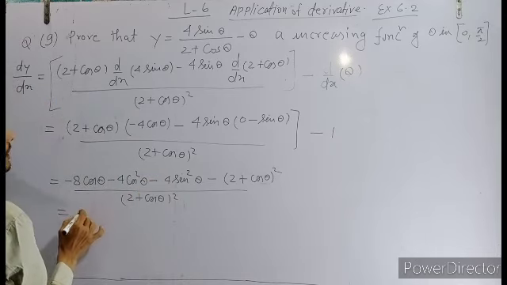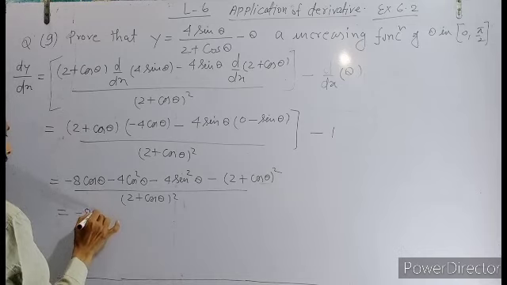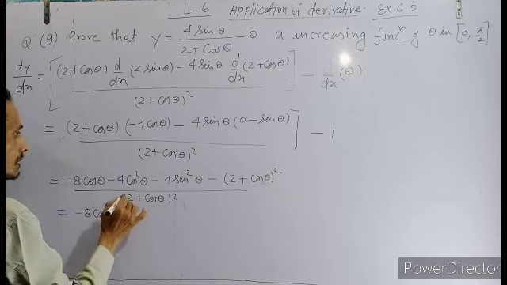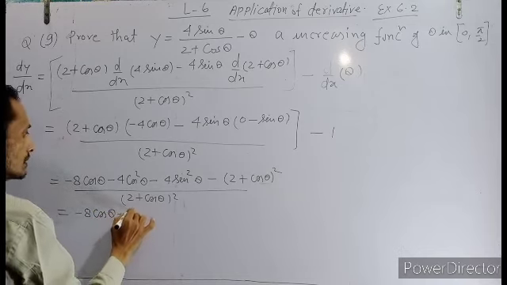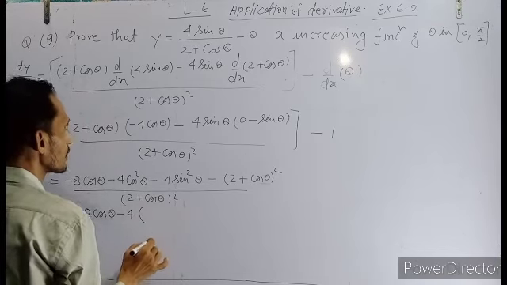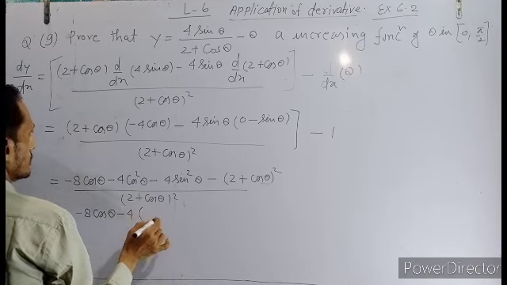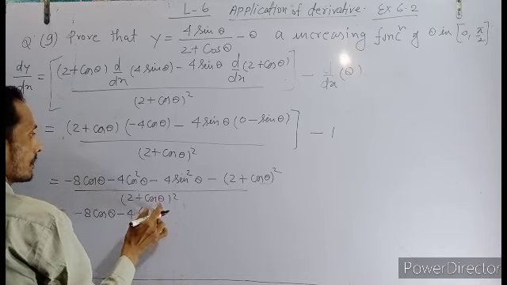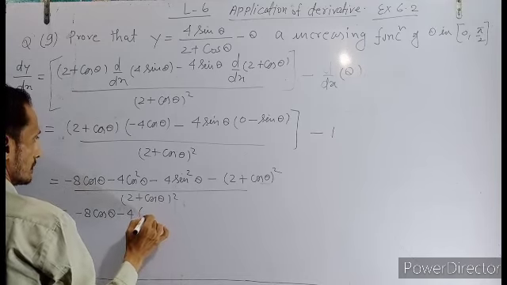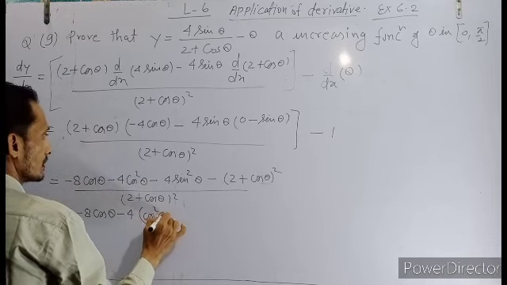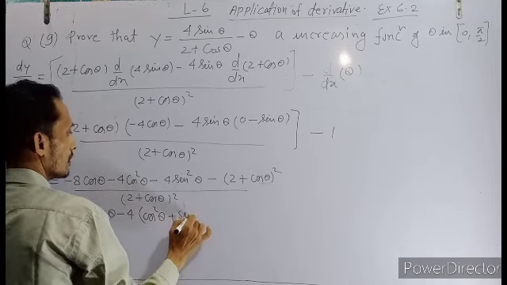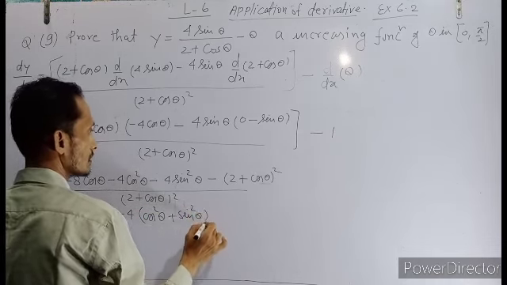So minus 8 cos theta minus, taking the minus 4 common, what will come? Cos square theta plus sin square theta.